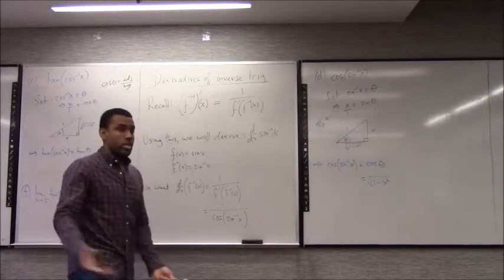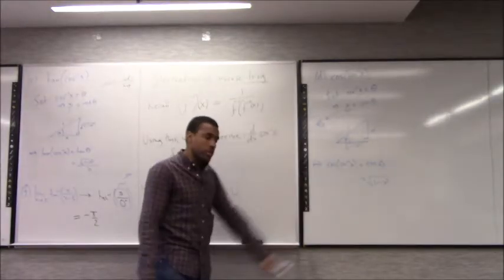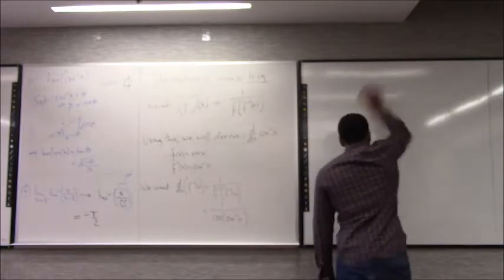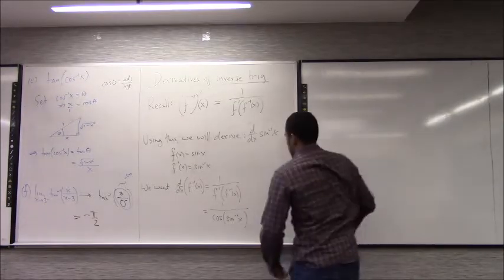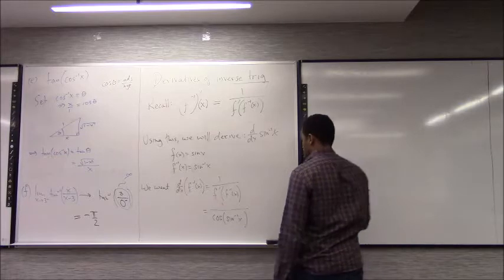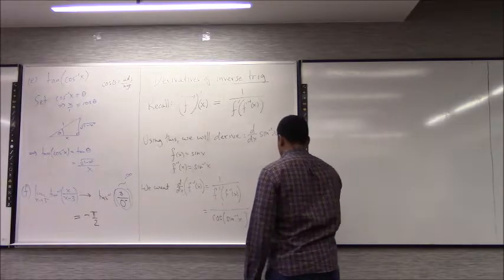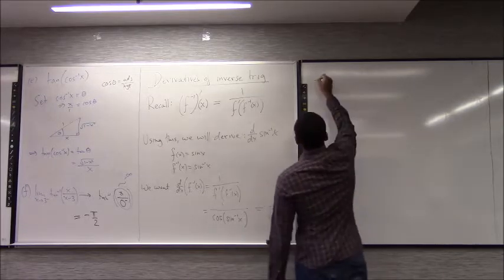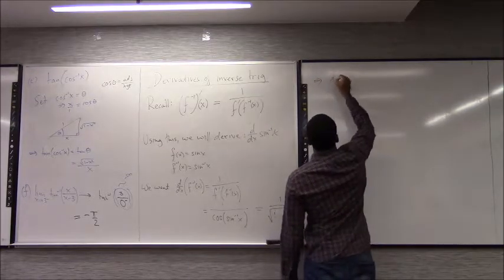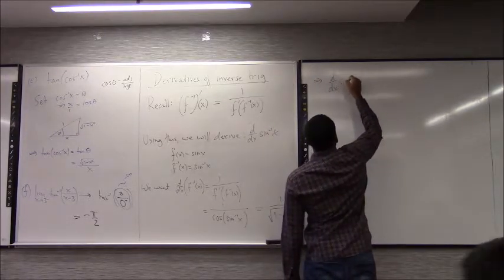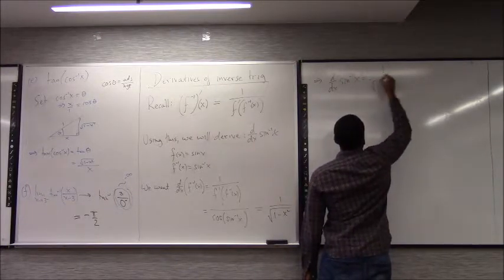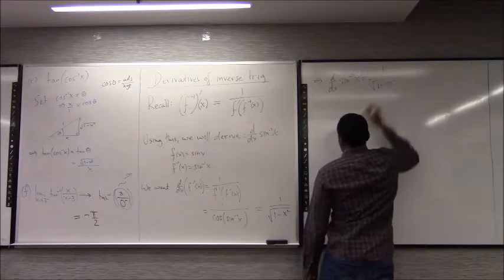And what's the cosine of the sine inverse? Well, we derived that earlier. That is the radical of 1 minus x squared. This means that the derivative of sine inverse of x is 1 over the radical of 1 minus x squared.